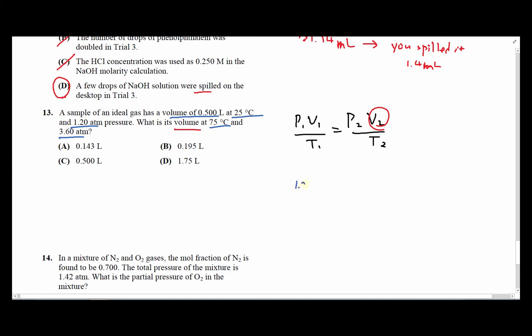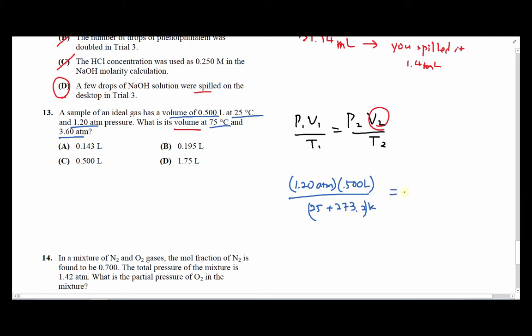The pressure is 1.20 atm, and the volume is 0.500 liter, over the temperature. Now here's what I was talking about, 25 Celsius. Make sure you add 273.2 Kelvin.